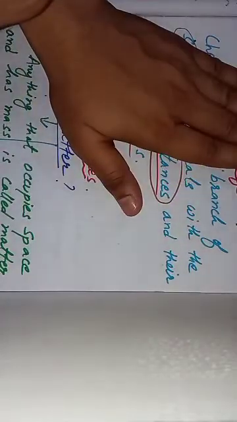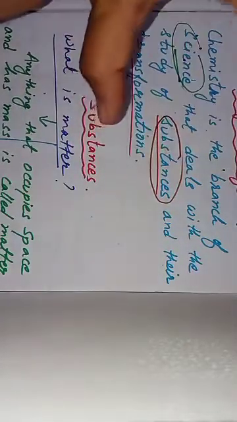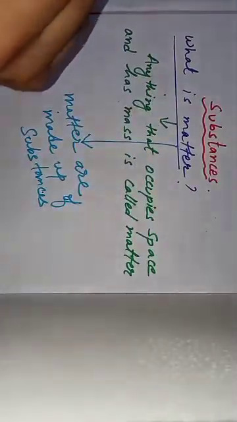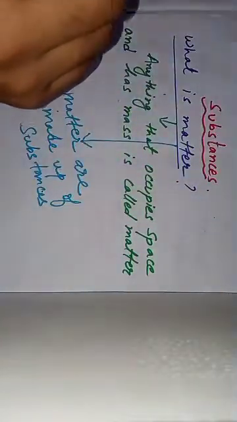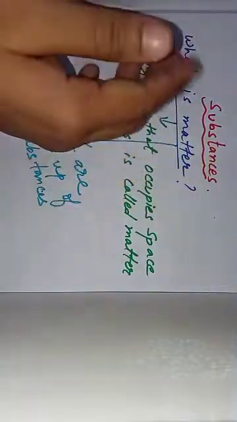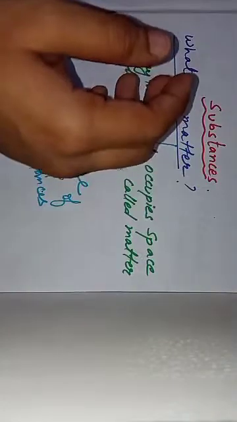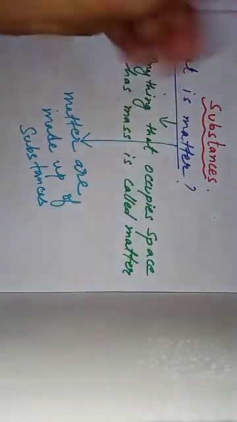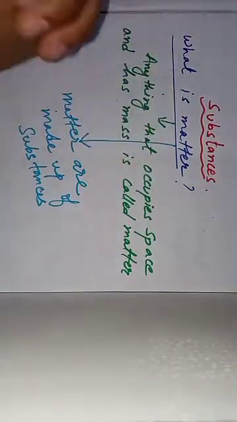Now, what are substances then? Because we will be studying substances and their transformations in this subject. I told you that this water is made up of a different kind of substance. This plastic sketch pen is made up of a different kind of substance. This steel is made up of a different kind of substance, and that is steel. Matter is made up of substances.